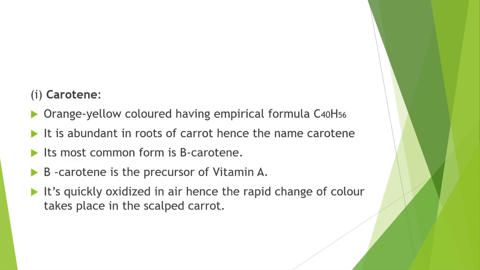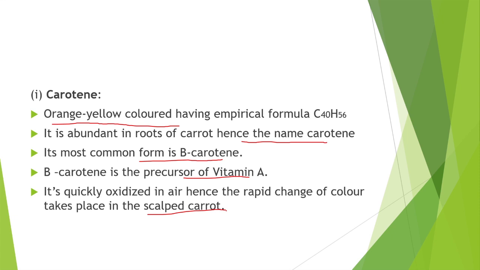Carotene is an orange-yellow colored pigment having empirical formula C40H56. It is abundant in roots of carrot, hence it is named carotene. Its most common form is beta carotene. This beta carotene is the precursor of vitamin A. It is quickly oxidized in water, hence the rapid change of color takes place in the scalped carrot.